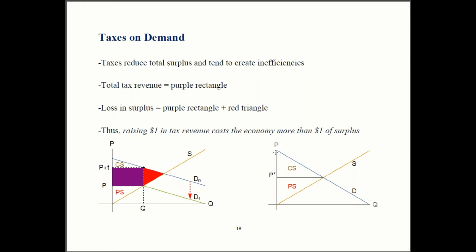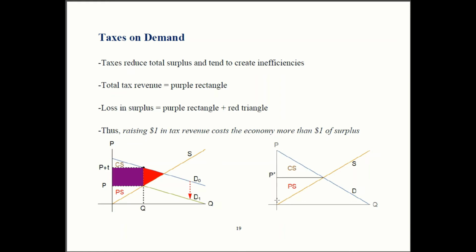Consumer surplus is this triangle up here. We talked about that in the earlier episodes. P star is the market price, and producer surplus is down here in this lower triangle. Those two triangles together are total surplus.